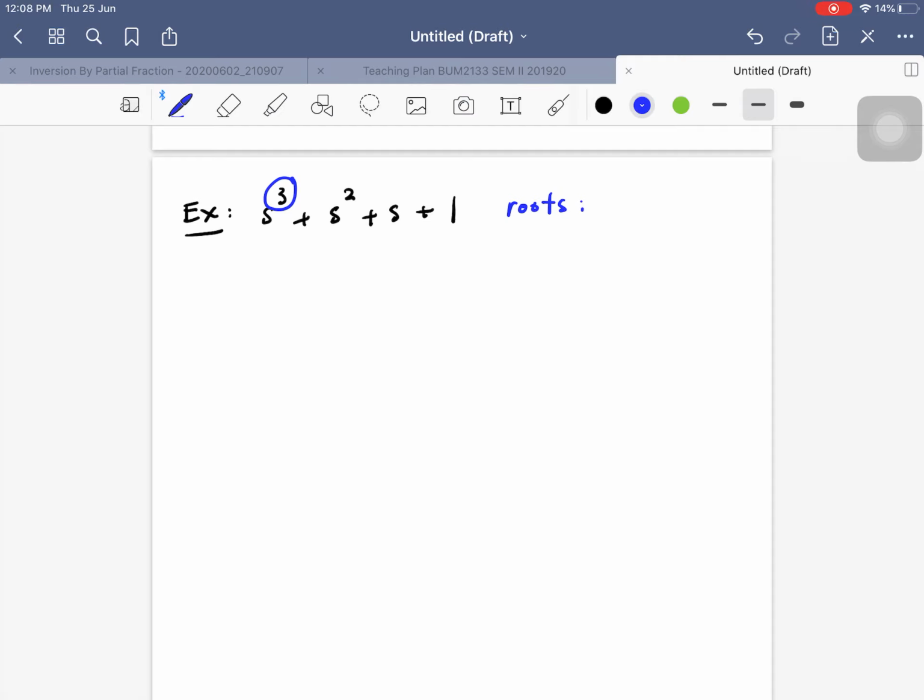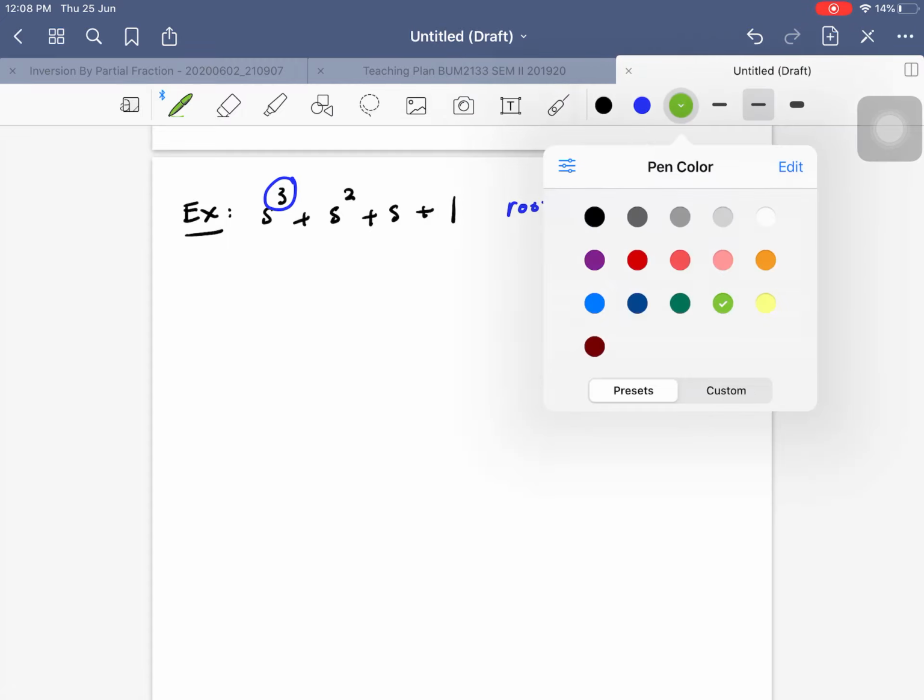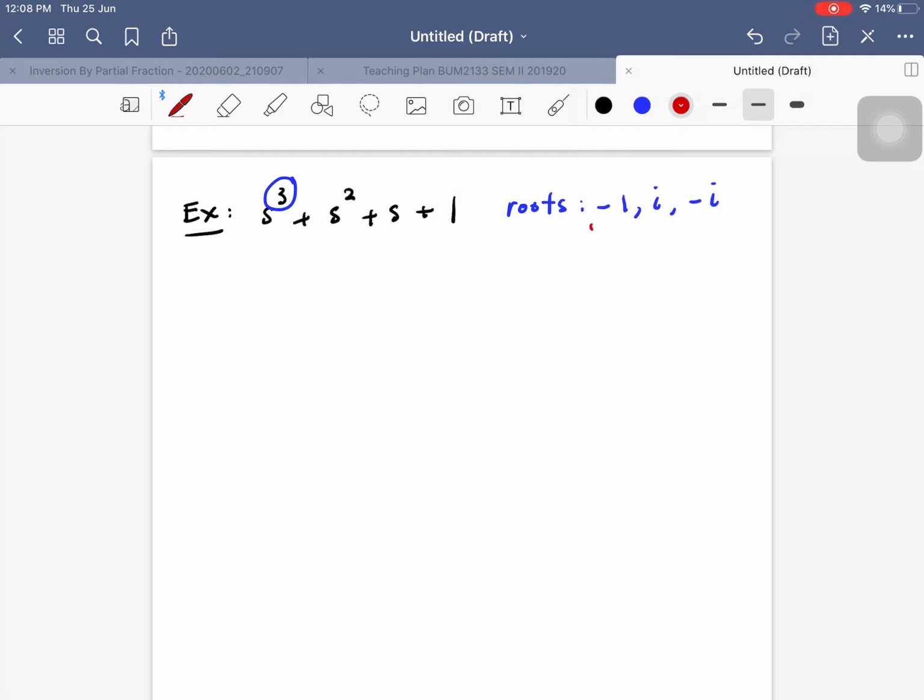The first root is negative 1, the second root is i, and the third root is negative i. So negative 1 is a real number, but the other two, i and negative i, are complex numbers, meaning you cannot factorize them.